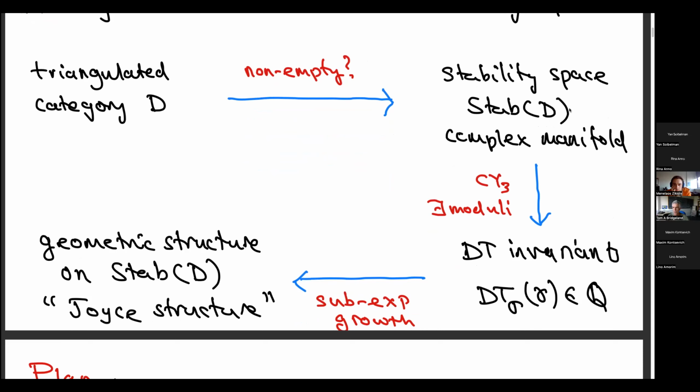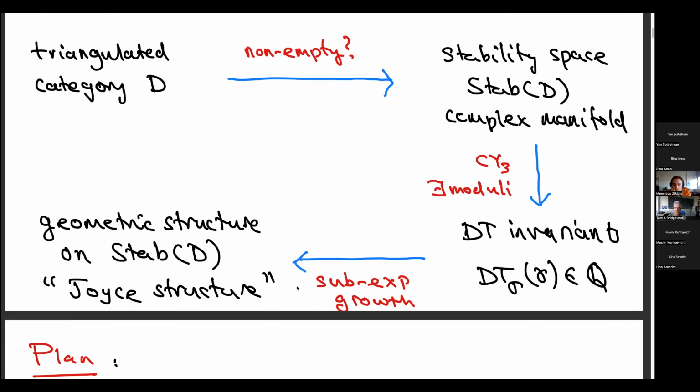So sigma is some point of this space, Stab(D), and also on some numerical invariant, the Chern character or something like that. There are a whole lot of assumptions, but basically you need that moduli spaces of stable objects exist and are well behaved, and that your category is CY3. That's the main assumption.